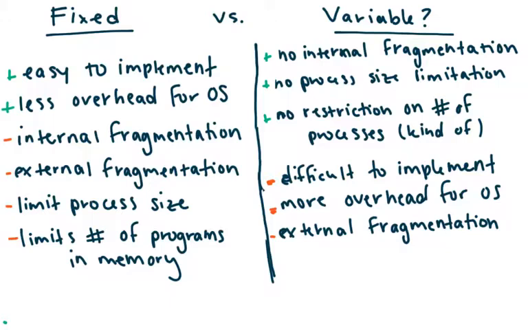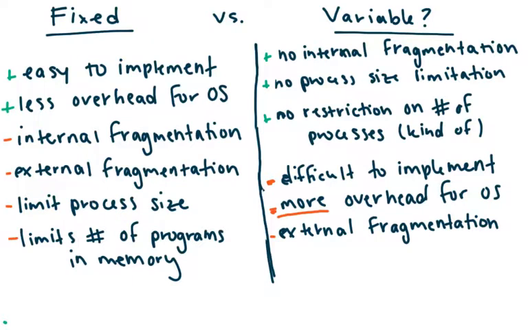There's a little bit more overhead for the OS, because now you're allocating things on the fly. It's always better to have a fixed size; it's always faster. And variable partitioning can also lead to external fragmentation. I'll give you an example of how this can happen in the next slide.